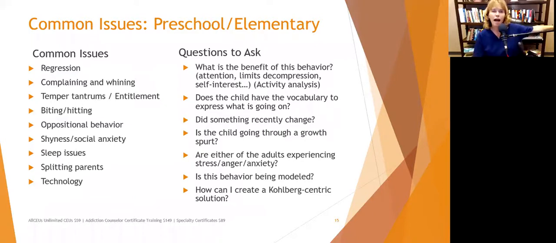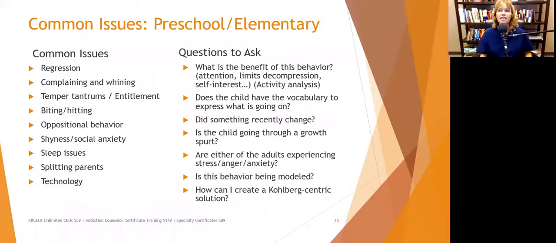So we need to look back and see, did their friend move away? Did they get promoted to the next level in school? Did they change teachers? Is the child going through a growth spurt? A lot of children will become a lot crankier when they're going through a growth spurt, and you may see more whining and temper tantrums because not only is their body changing, but their neurotransmitters are changing as well.